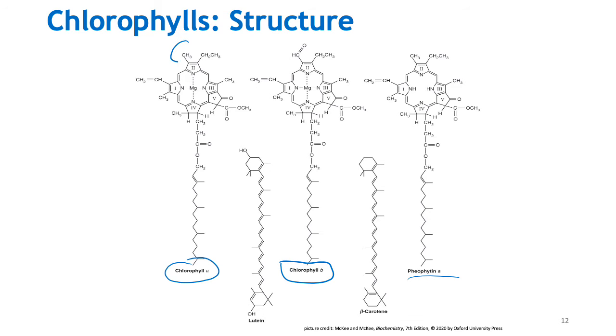It's just right here. Chlorophyll A has a methyl group where chlorophyll B has an aldehyde group in that same position. That's the only difference. It's oxidation levels. Chlorophyll B is more oxidized than chlorophyll A. But recall that chlorophyll A plays a primary role, and chlorophyll B plays a supporting role.